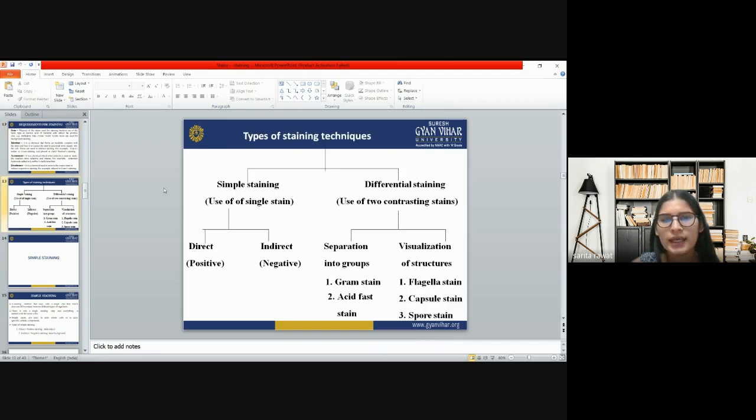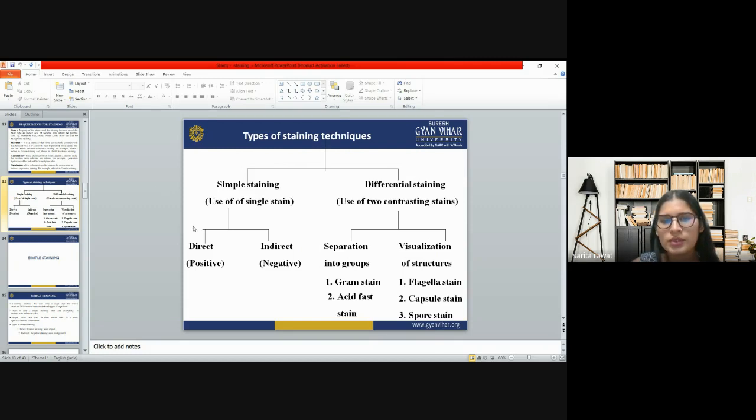Now this is the type of staining. We have categorized staining techniques into two types, simple staining and differential staining. Simple staining uses a single stain. Differential staining uses two stains, including a counterstain.